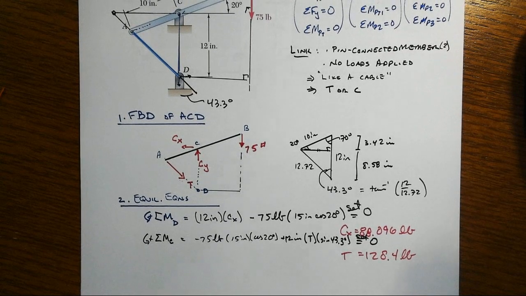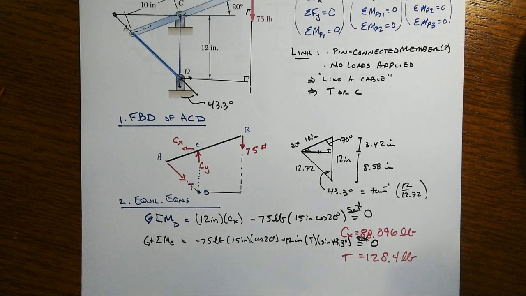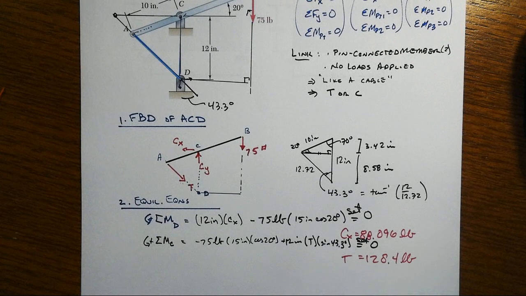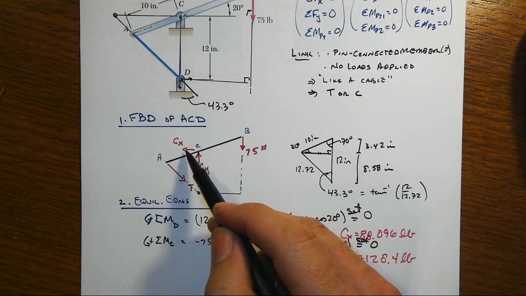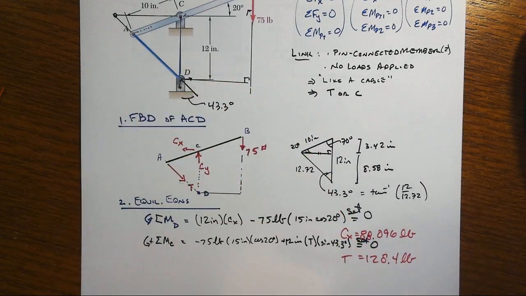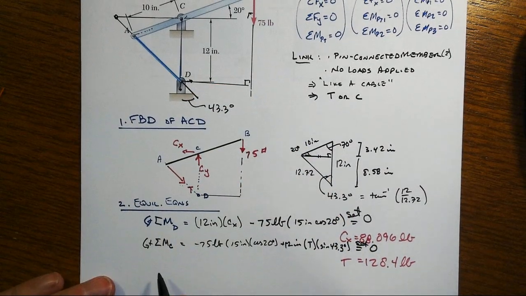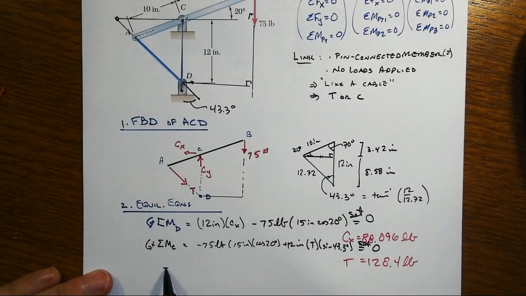And then we finally have to get Cy. All right, well, let's see. What would be a clever way to get Cy? I can't get rid of Cx and T unless I go out here. I don't want to do that. And I don't like using other results, but it looks like that's what we're going to do. Sum of forces in the y, taking upwards positive.